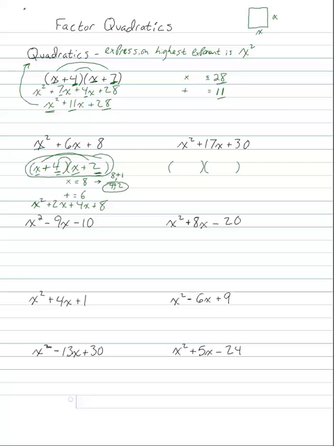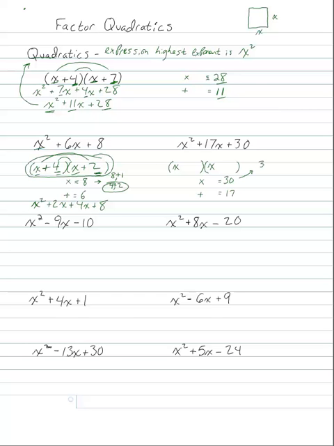So let's look at my next one. Say I have x squared plus 17x plus 30. Again, my first term is x squared, so I know my first terms have to multiply to that. So I'm going to get x and x. They multiply to give me x squared. Now I'm going to look for numbers that multiply to give me 30 and add to give me 17. With 30, I have quite a few options. I'm going to write down my options.